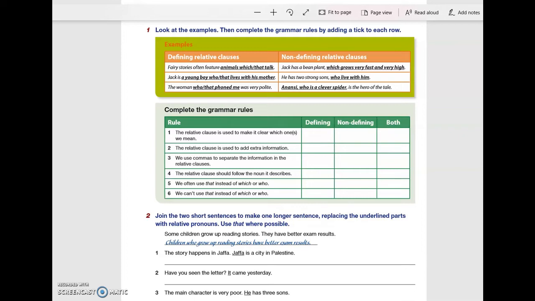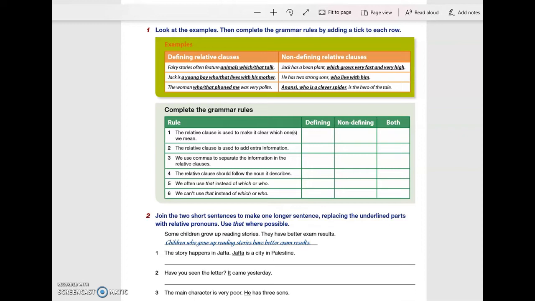Look at sentence number 1 in defining relative clauses. Fairy stories often feature animals. They talk. We join these two sentences into one sentence. Fairy stories often feature animals which or that can talk.